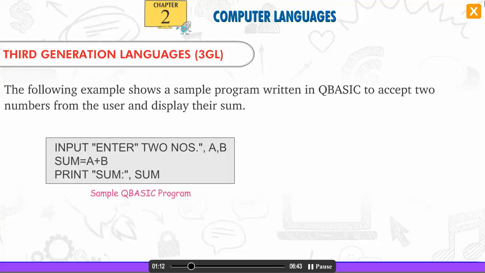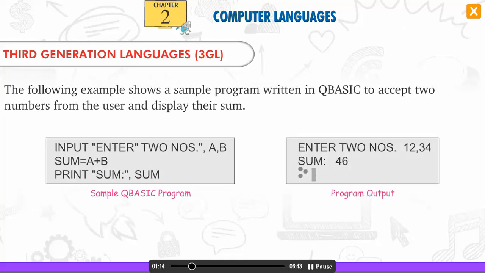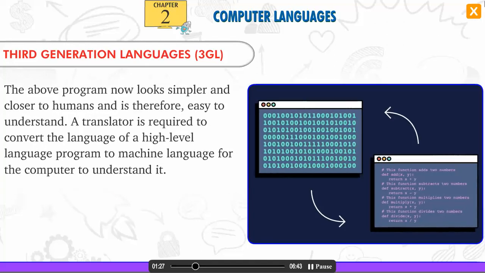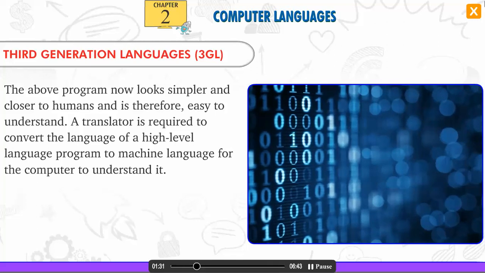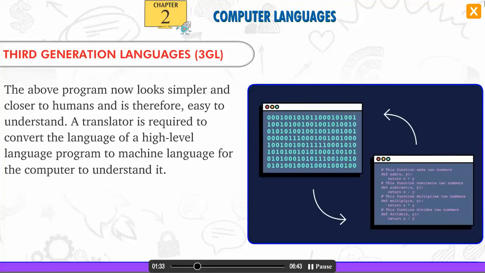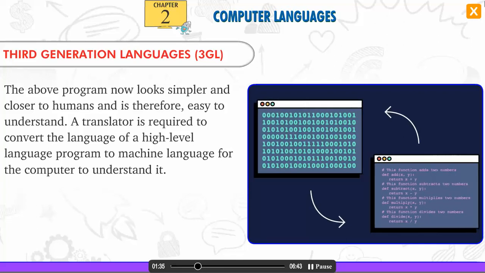The following example shows a sample program written in QBASIC to accept two numbers from the user and display their sum. The above program now looks simpler and closer to humans and is therefore easy to understand.